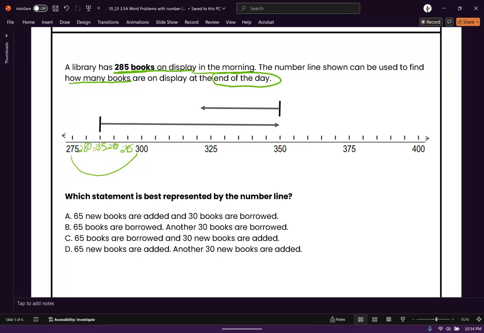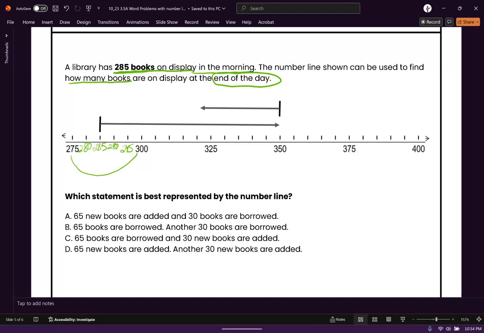So they're counting by fives. So each little mark is 5. Now this was a little tricky because they're starting in the middle. They're not starting on a number. So we have to be careful with that.